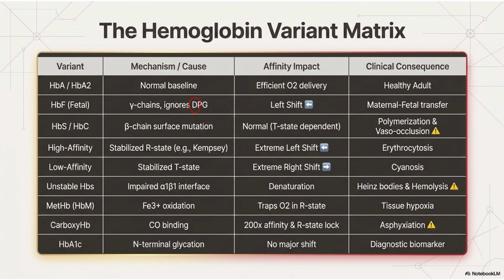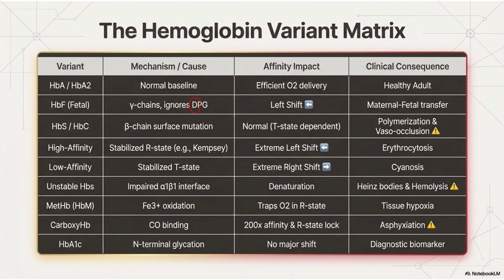HbS results from a single amino acid substitution that causes hemoglobin molecules to polymerize under low oxygen conditions, producing sickled red blood cells.